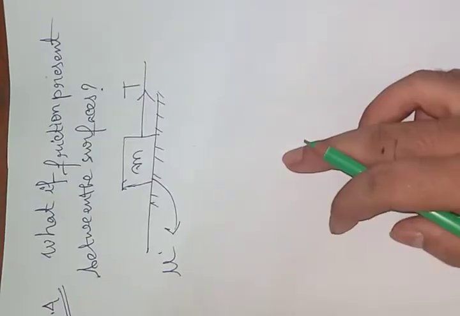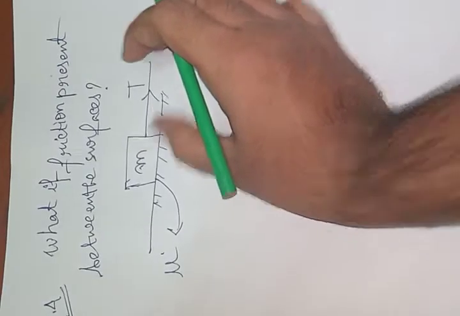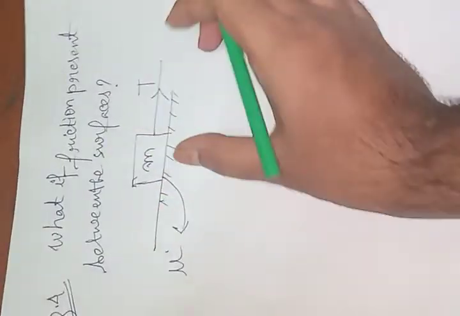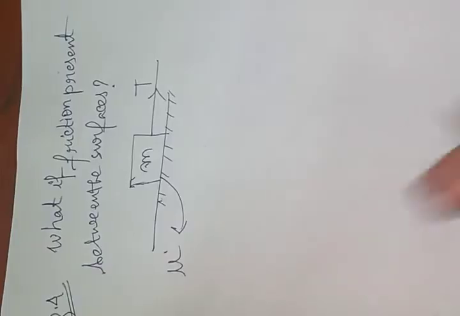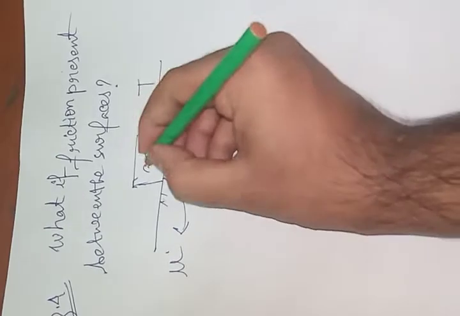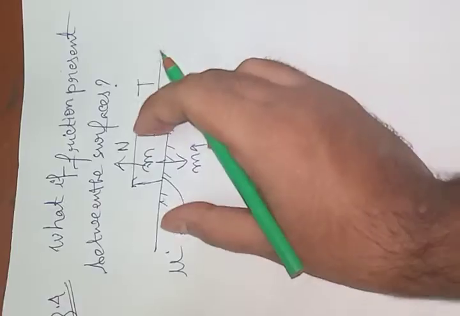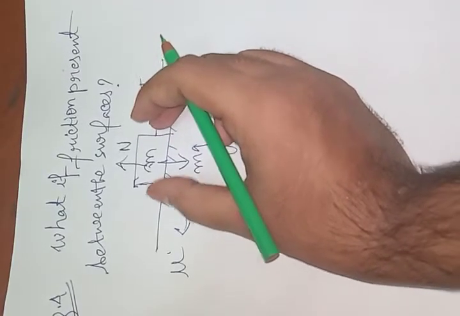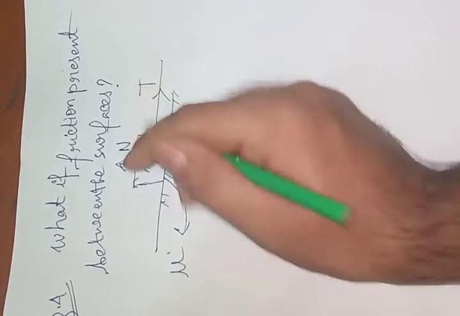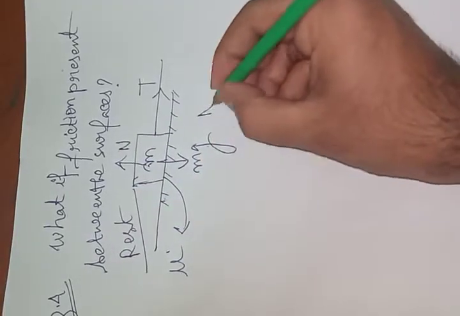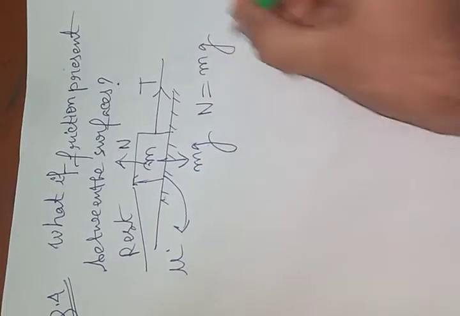Now, can we say that this block will move, or may not move? What are the conditions to move this block? There is a vertically downward force mg, and a normal force N. Since the body is in equilibrium, N equals mg.